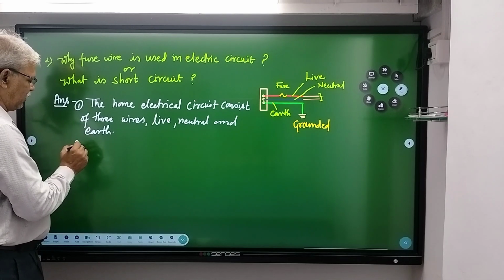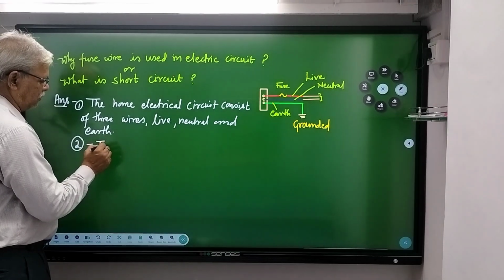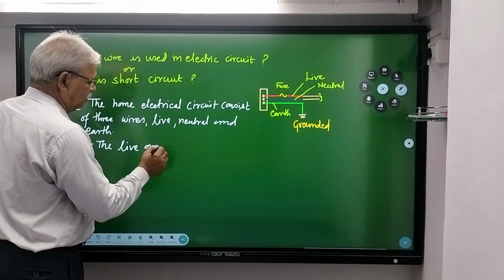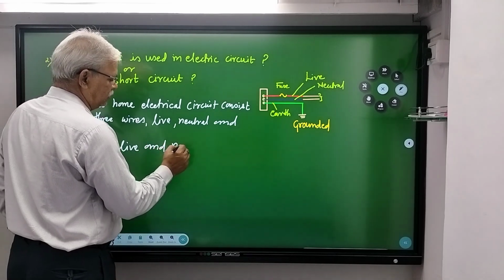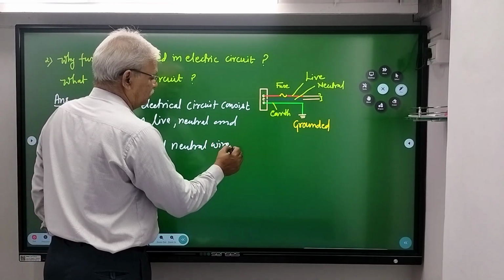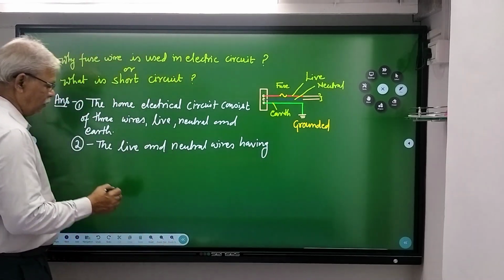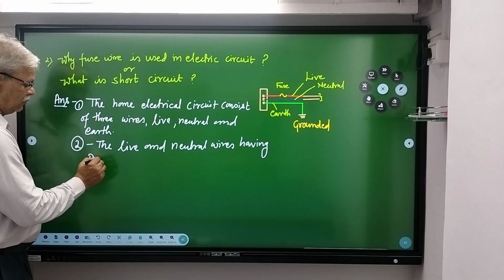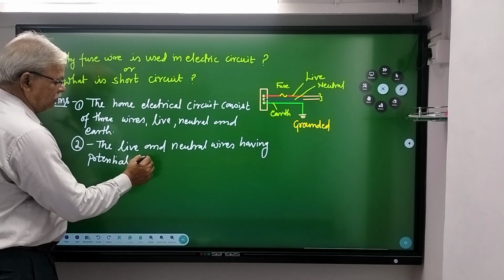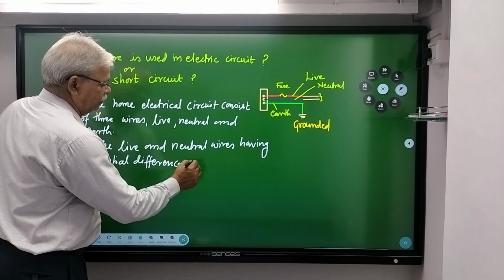Second here. The live and neutral wires having potential difference of 220 volts.